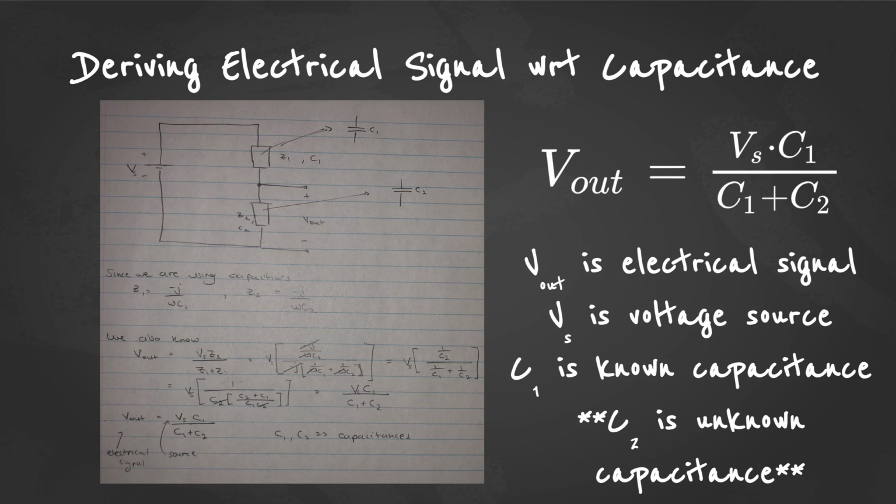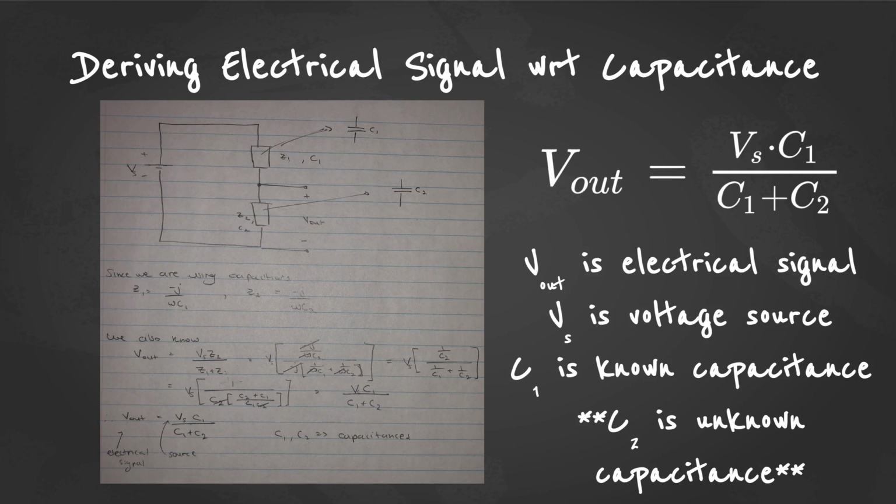So we know that Z1 is equal to negative j over omega C1, and similarly Z2 is equal to negative j over omega C2. We also know from our voltage divider equation that V out is equal to Vs, which is the voltage of the source, times Z2 over Z1 plus Z2.